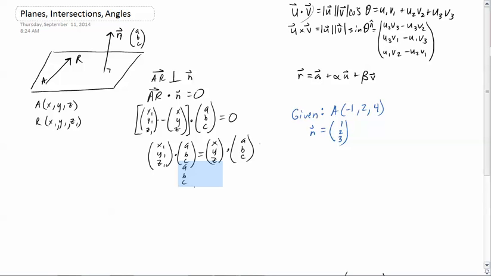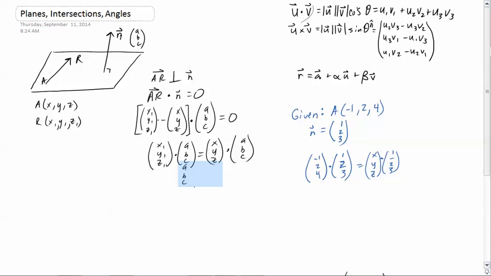So what we can do is, using this idea right here, we can just write the point -1, 2, 4, dot product with 1, 2, 3, and that should be equal to x, y, z dot product with 1, 2, 3, of course.